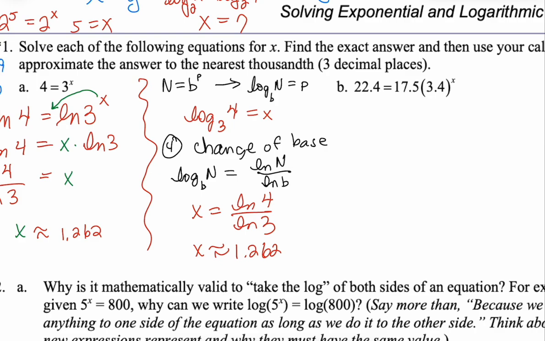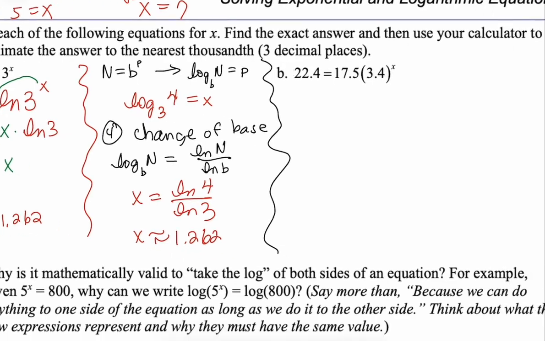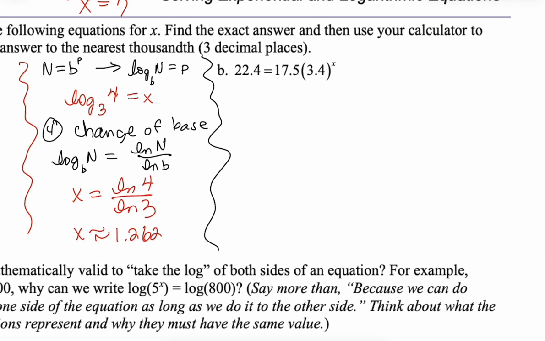Now, let's take a look at B. It's a problem that we saw a very similar one, I think, in our homework. I think it was 4A day 2. The problem with this is before you use any of those formulas, we must isolate the base part.